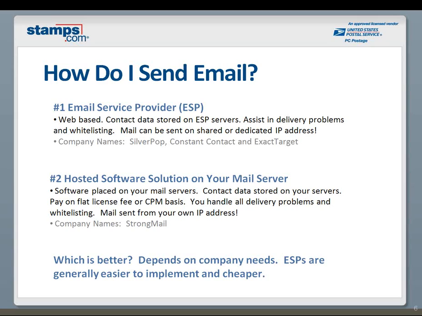One very important area to consider when you're evaluating ESPs is that some ESPs will use a shared IP address. Again, an IP address is basically a domain that you're sending your email out of. The shared IP will be used amongst many different advertisers.